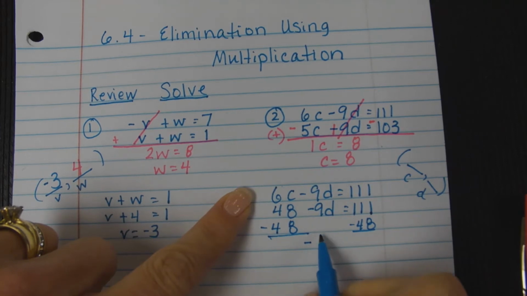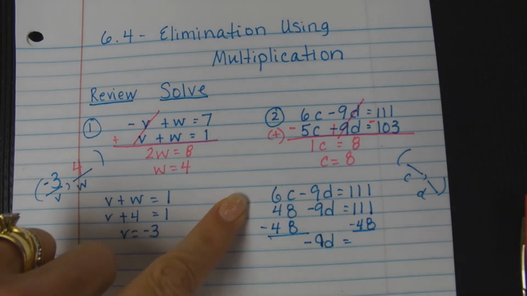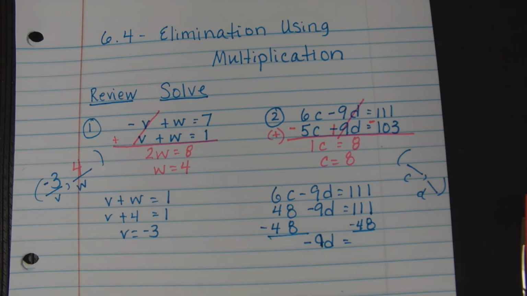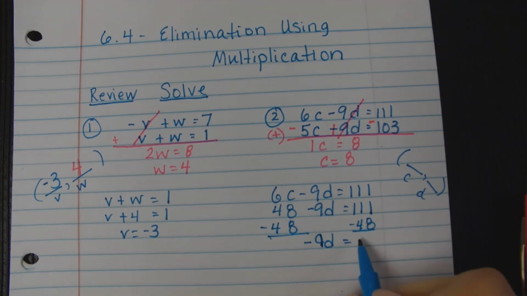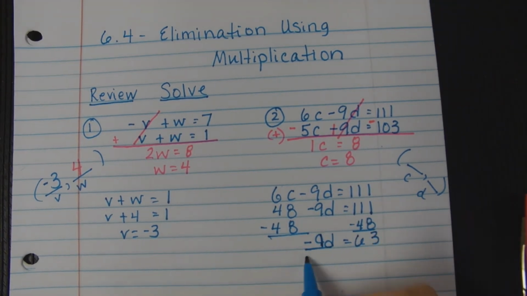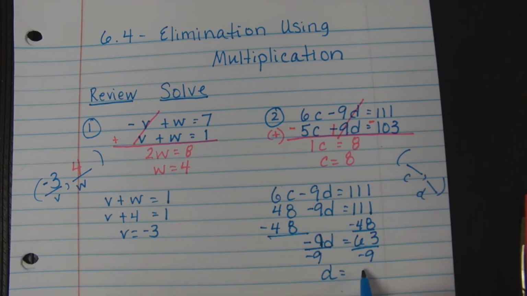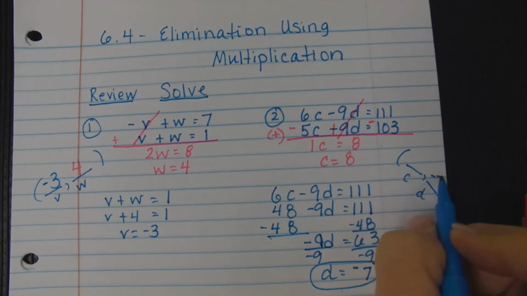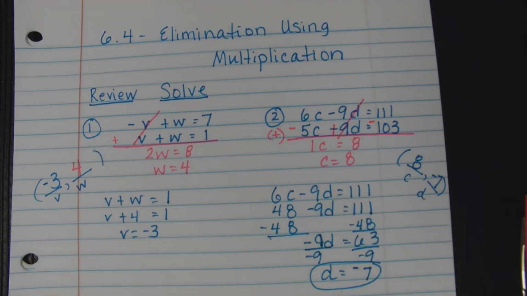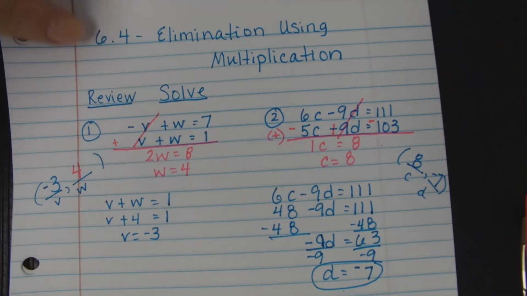Negative 9D equals 111 minus 48. 63? Something like that. Yeah. Yep. So the D is negative 7.